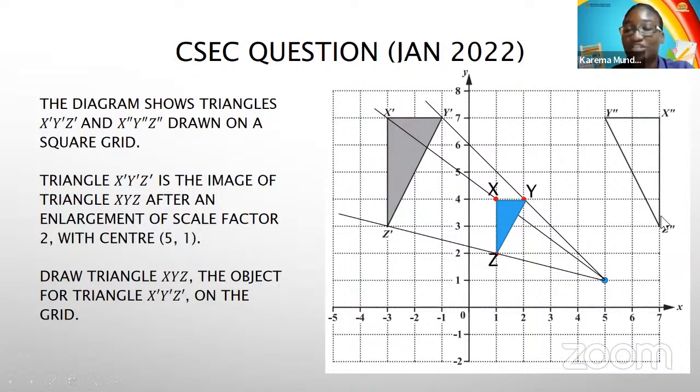I want to know what transformation is mapping the shaded one to that one over the extreme right. All right, someone said it's a reflection, and I agreed with them. And I'm asking, what's the equation of the mirror line? What's the name of the mirror line?